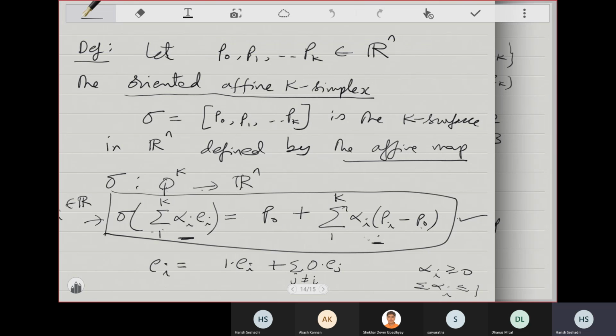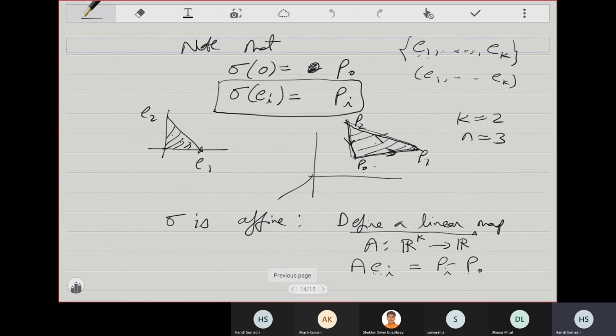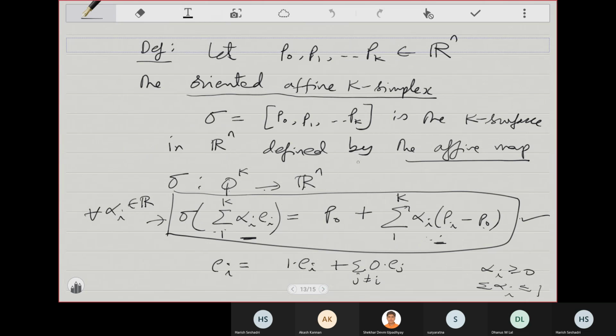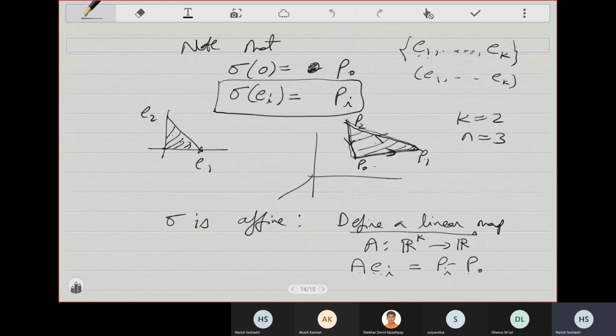If that happens, obviously you'll just get the constant map, which is not exactly what we want if you are looking for exact images of triangles, but we have to allow for those degeneracies. Or if only two of them are linearly independent, the image will just turn out to be a portion of a line segment, even if you start with a k simplex. So all these things are allowed in this definition.